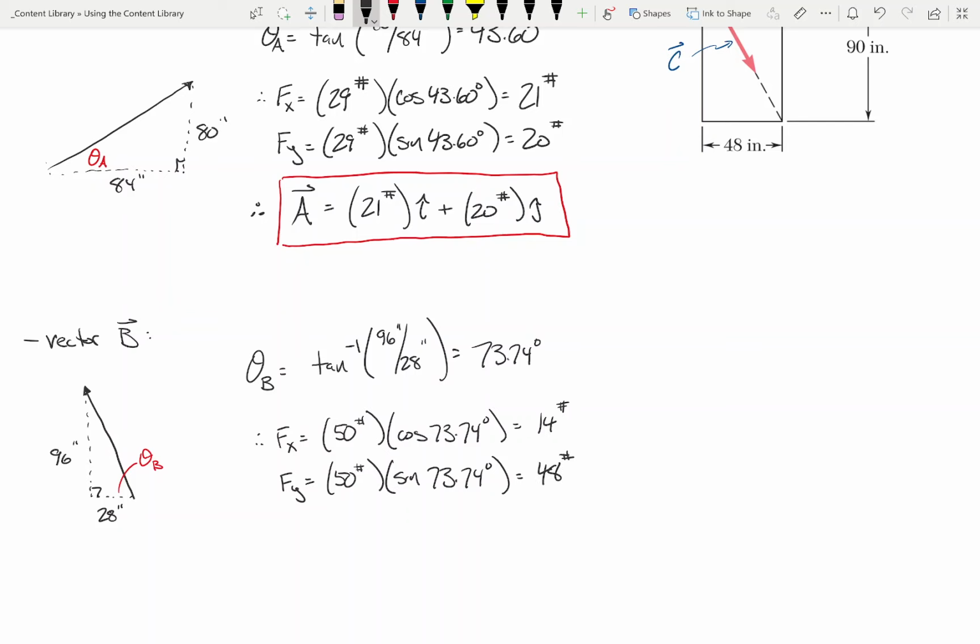I heard it. That was the second, right? Yes, it was. Okay, so vector B, that means it's, is that right? Negative 14. That's 100% right. So I'm making sure everybody's awake.